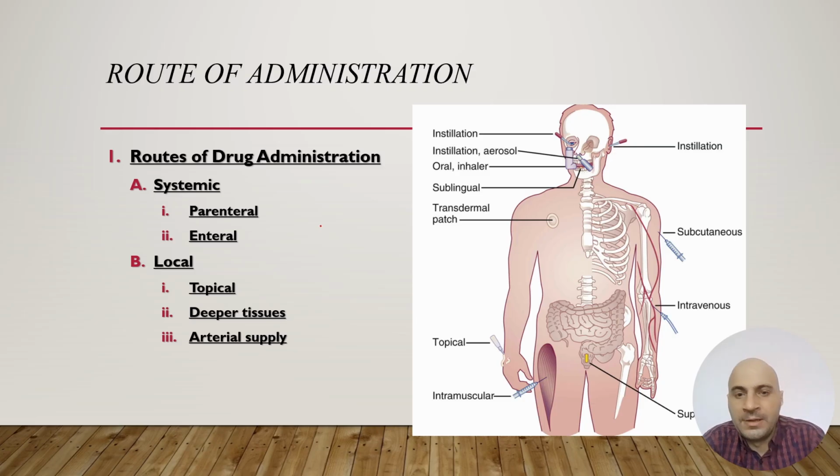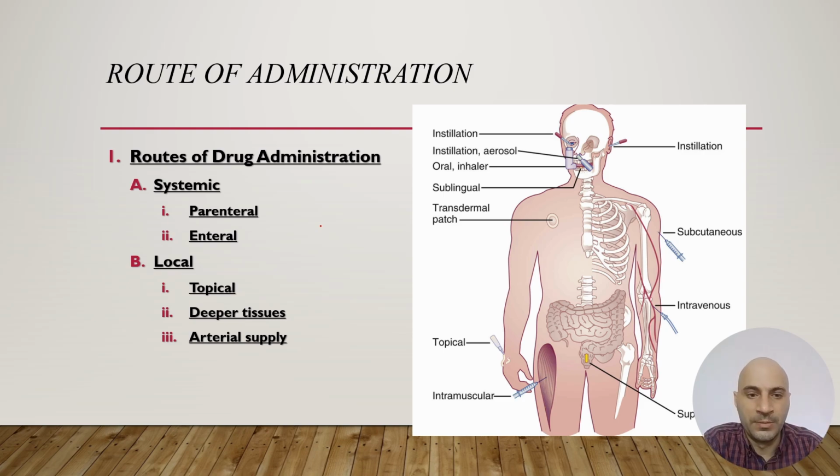I think you are familiar with routes of drug administration from the pharmacokinetic lecture. So generally we divide them into systemic and local. Systemic is where the drug activity is aspired to be achieved through the systemic circulation.